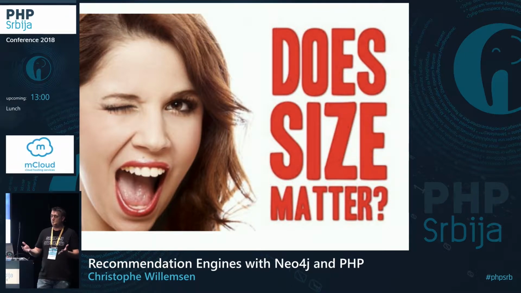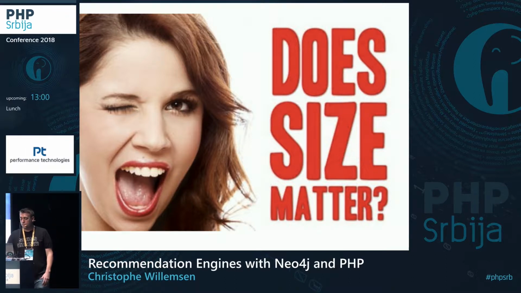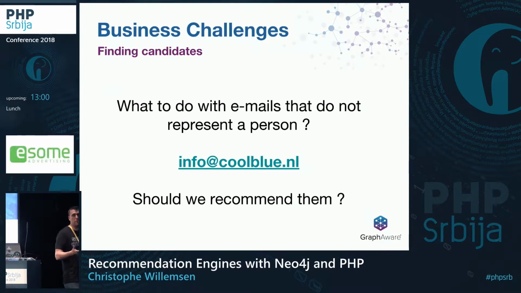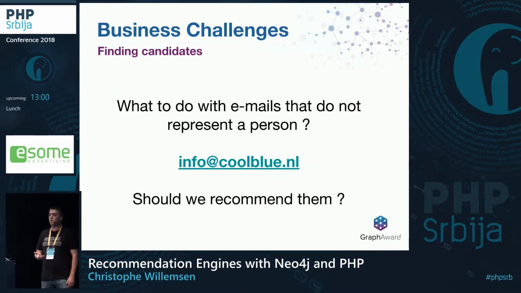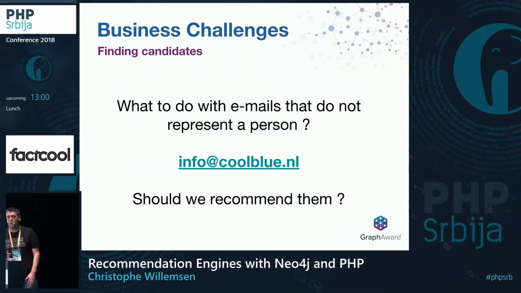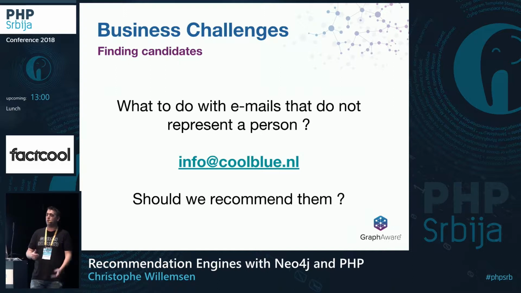So you have to measure this and understand what you are doing. What to do, for example, with emails that don't represent the person? It happens on LinkedIn. They will recommend you info@coolblue.nl because it is in your contacts. So do you want to recommend this to your users? No.